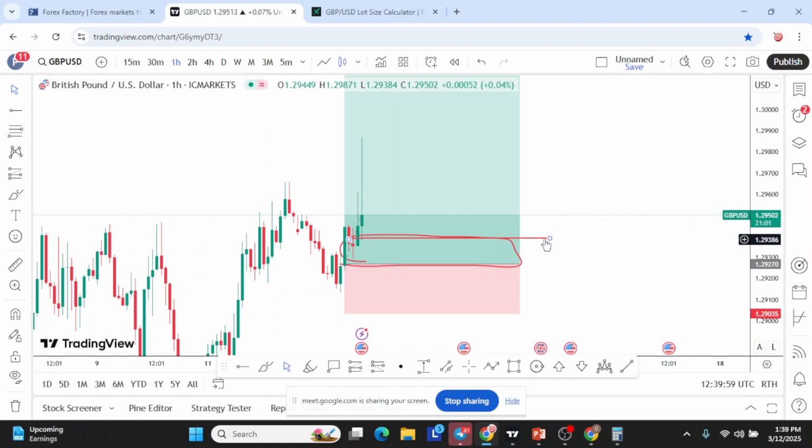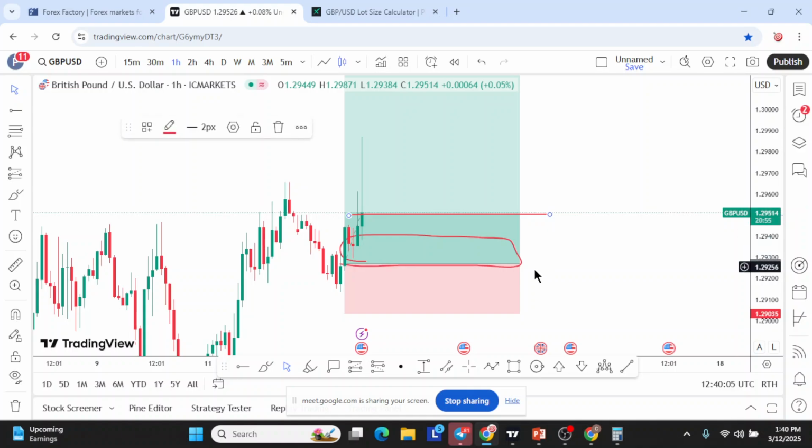Yes. Now if you want to move it very close to where the market is, you will not be allowed to set it that way, because between your stop loss and where the market is currently, there needs to be at least, I think, a minimum of 3 pips or 5 pips away.